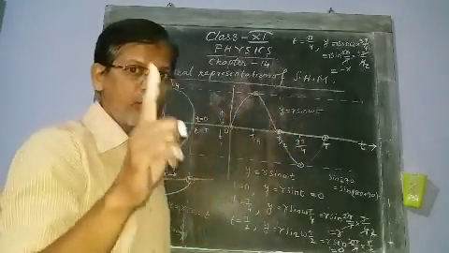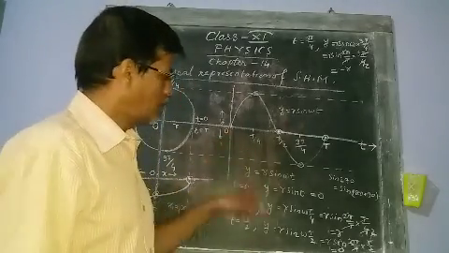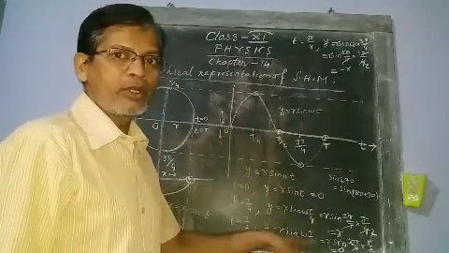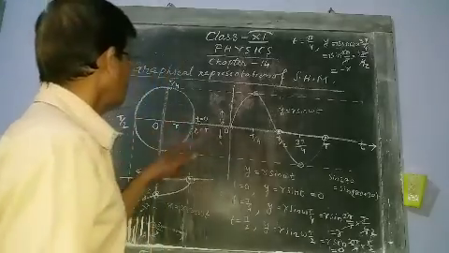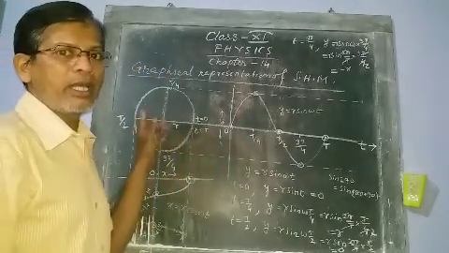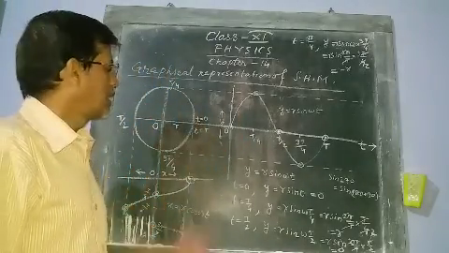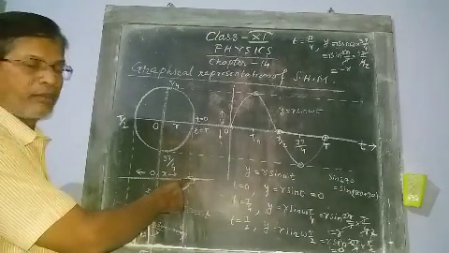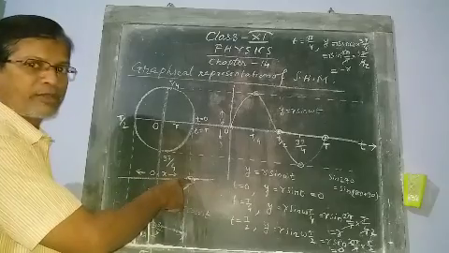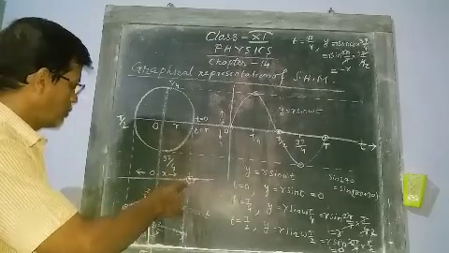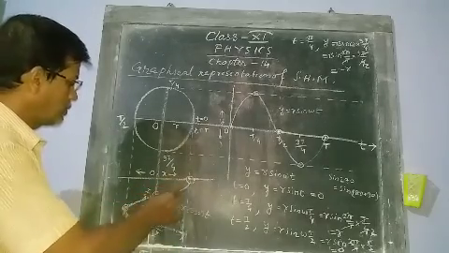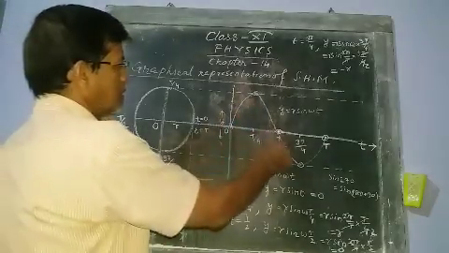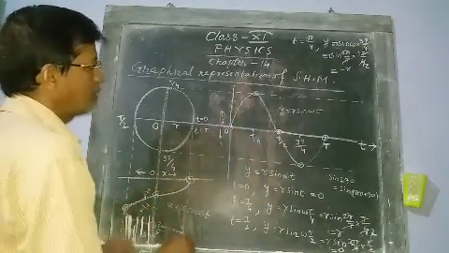The sine curve always starts from the origin, because we have mathematically got this, by comparing with the circular motion. And the cos curve starts from maximum, when t is 0 the displacement is maximum. So the cos curve is like this way, and the sine curve is this.